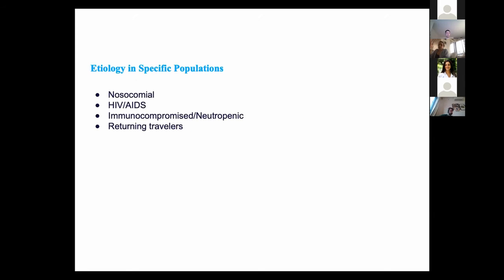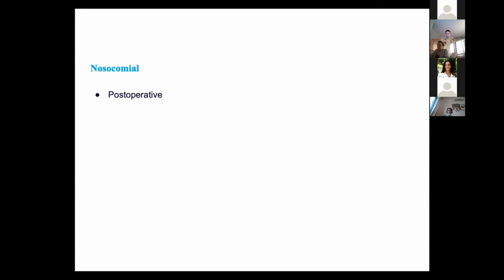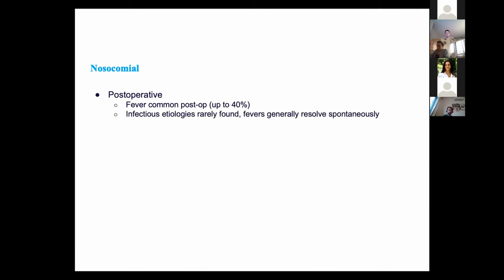So let's talk a little bit about etiologies in specific populations. Nosocomial FUO: you have post-operative FUOs, and fever is quite common post-op. Almost 40% of patients will have a fever. And we rarely find the specific etiology, and it generally resolves spontaneously.